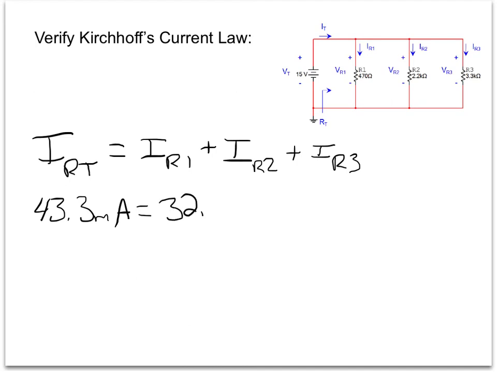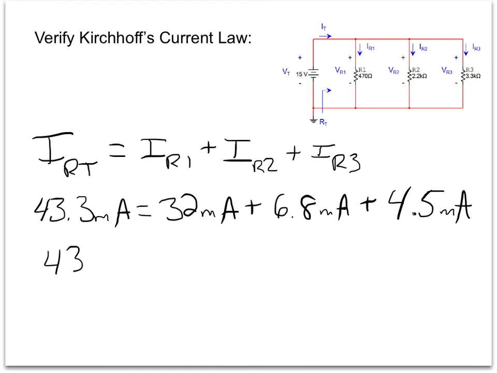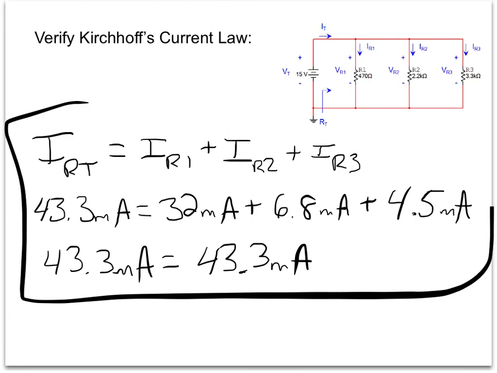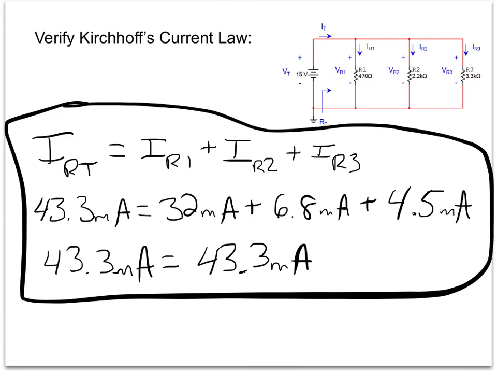Resistor 1 was 32 milliamps. Resistor 2's current was 6.8 milliamps. And resistor 3's current was 4.5 milliamps. If you sum those on the right, you end up with 43.3, which is what the left was all along. So this verifies, for this problem, Kirchhoff's current law appears to be working.